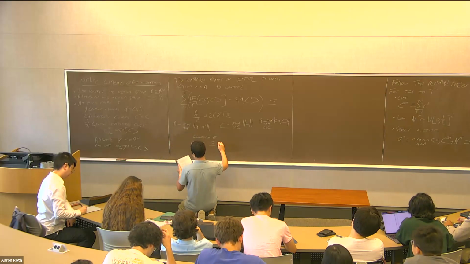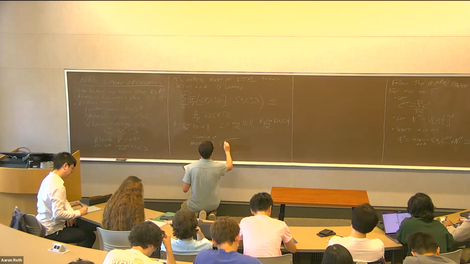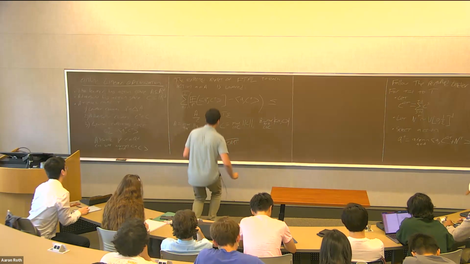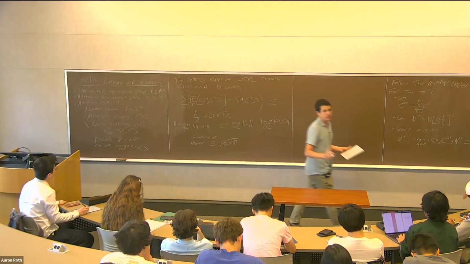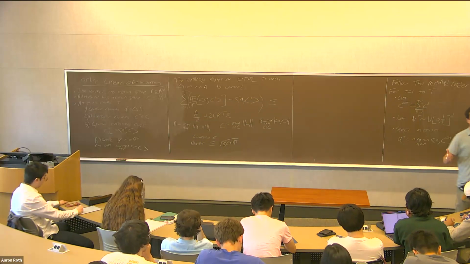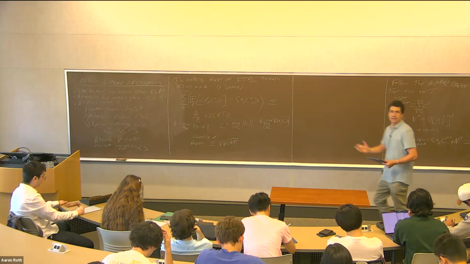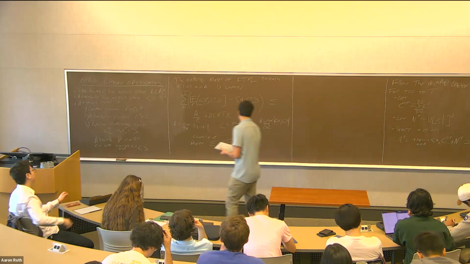is less than or equal to the square root of 8CART. Okay, so something that grows only with the square root of T, same kind of bounds we got with multiplicative weights. So that's the right regret bound.